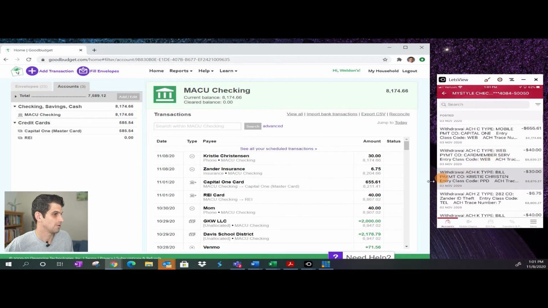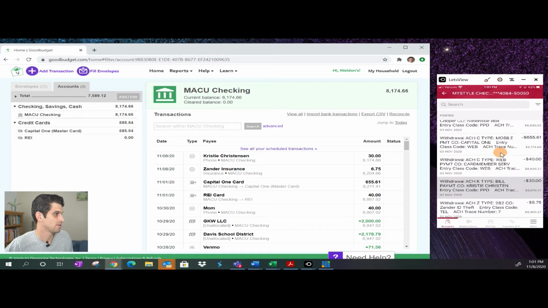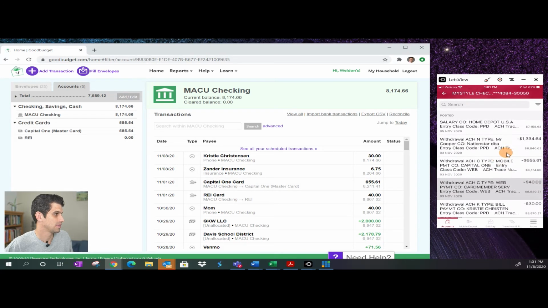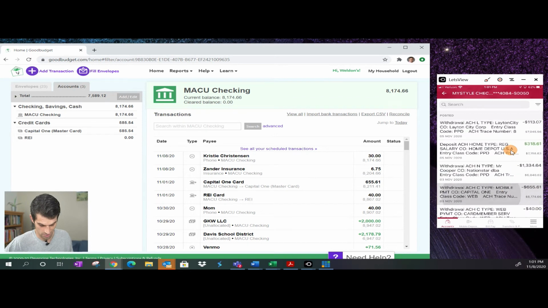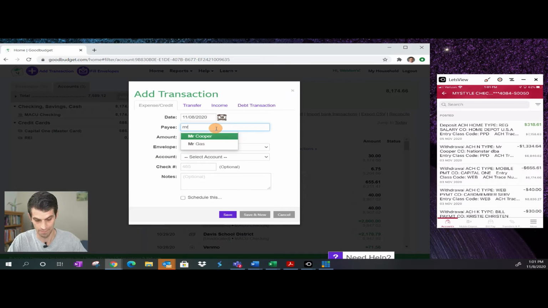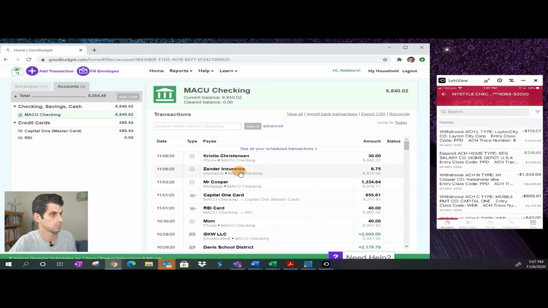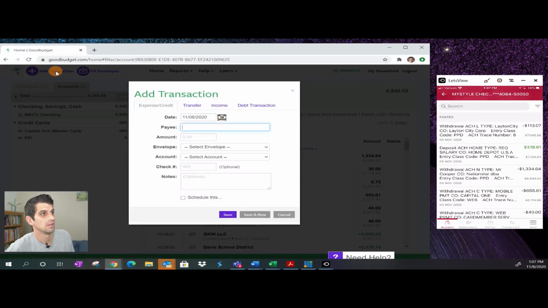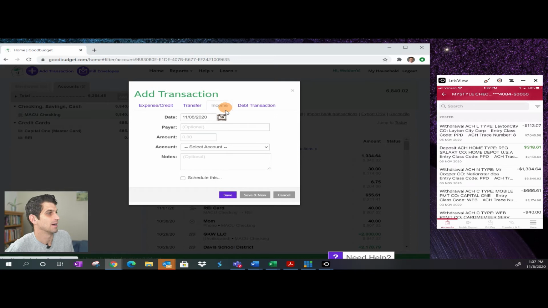That $40 is paying off the REI credit card. That $655.61 was the Capital One. And so now we're starting here. I need to add in a few other things. And here is income. So we're going to come in, add transaction, income, change the date.